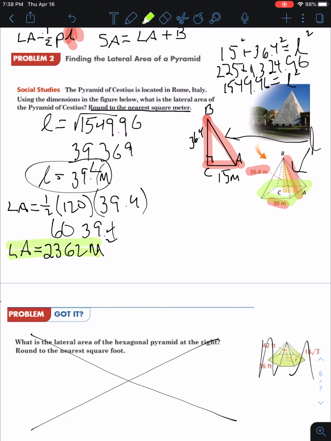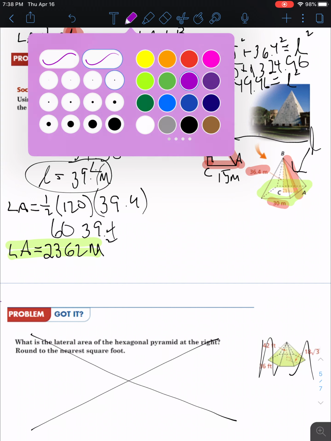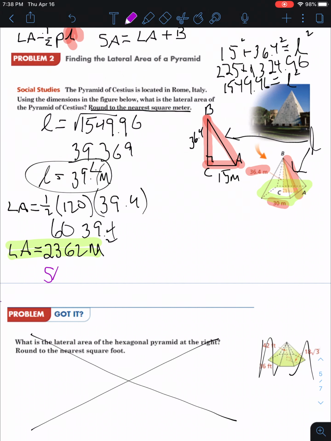And then I'm going to take my SA, surface area, and we will add to that 2,362 meters squared, the base. The area of the base would be 30 times 30, or 900.